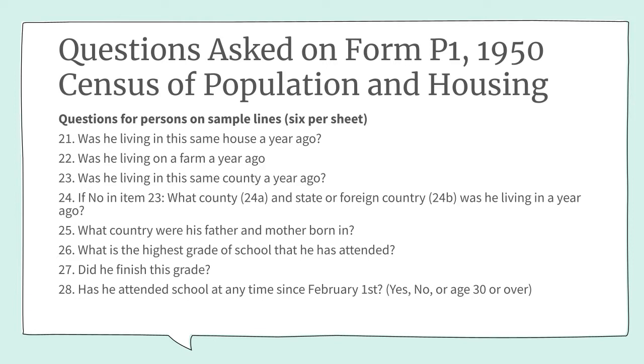What country were his father and mother born in? What is the highest grade of school that he or she has attended? Did he finish this grade? Has he attended school at any time since February 1st? Yes or no, or over age or age 30 or over. A situation here would be a 16-year-old who attends school. He again would be answering questions like this, but again, he would still be attending school.